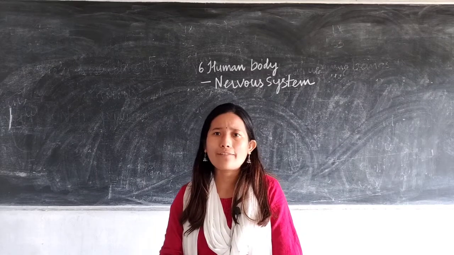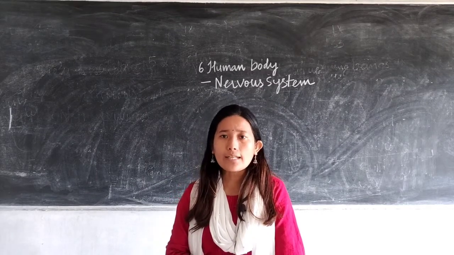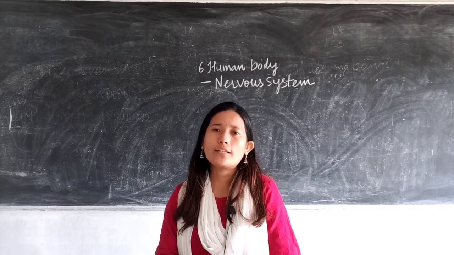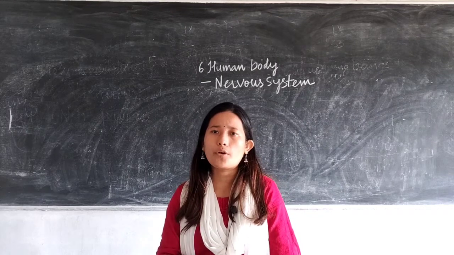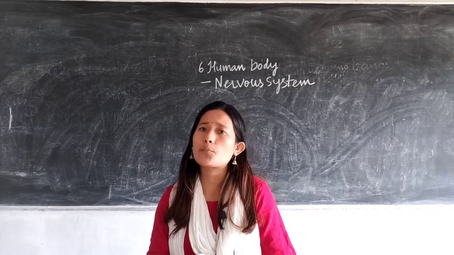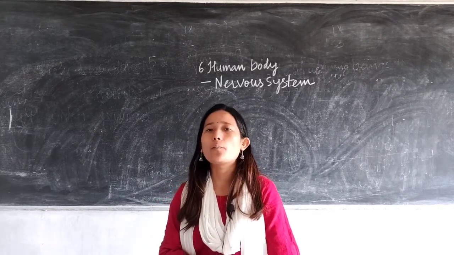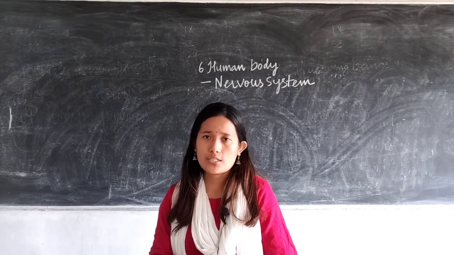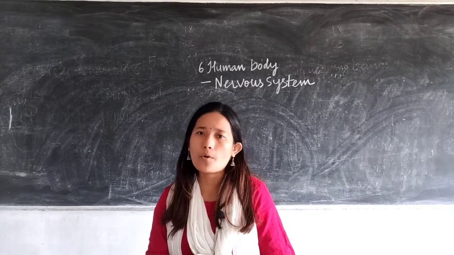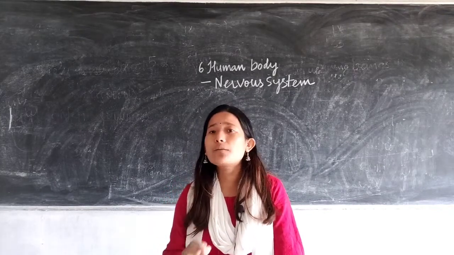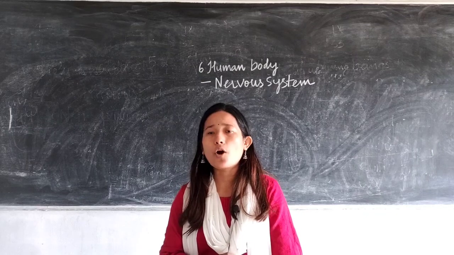So for that you have a circulatory system, right? Then when these components are broken down, excretory products are released. These unwanted products, if they remain in our body, will be harmful to us. So they have to be removed from our body. So you can see different processes are taking place in our body, right?